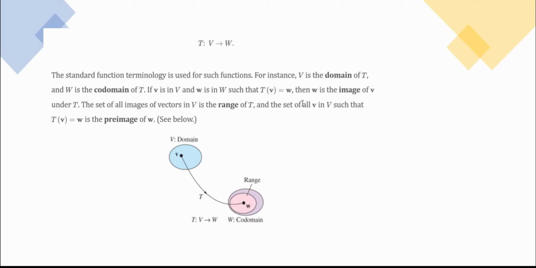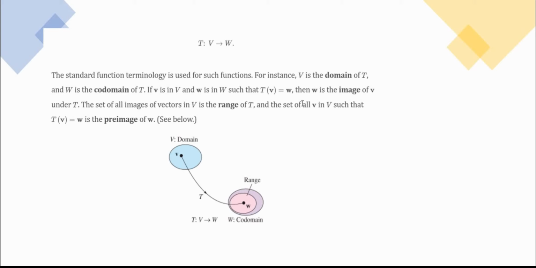The set of all images of vectors in V is said to be the range of T. You remember from algebra we said that the range is where the function is going, and the domain is where you're coming from. And so then the set of all little v in capital V, such that T of v is equal to w, is said to be the pre-image of w.